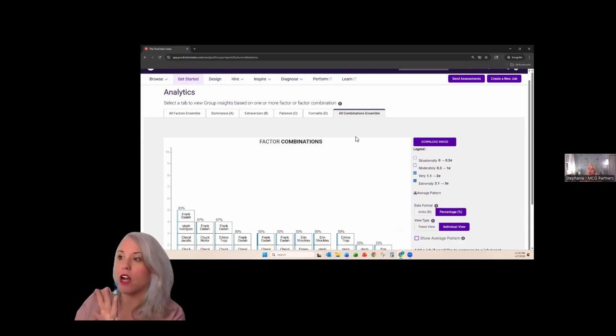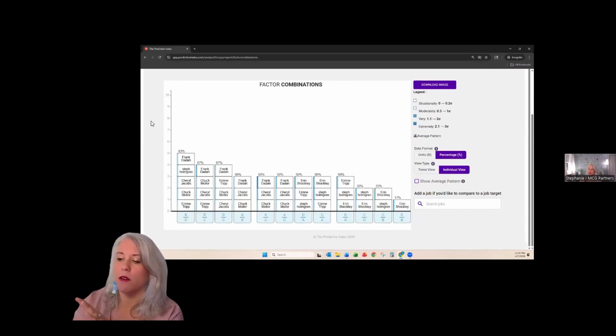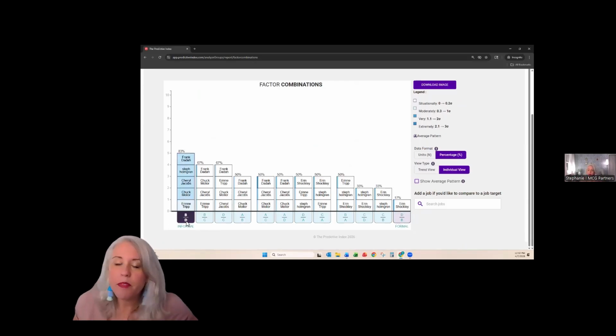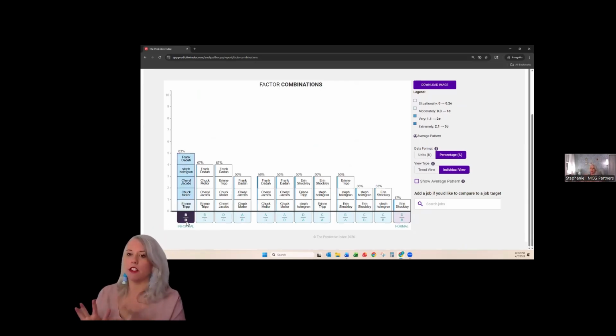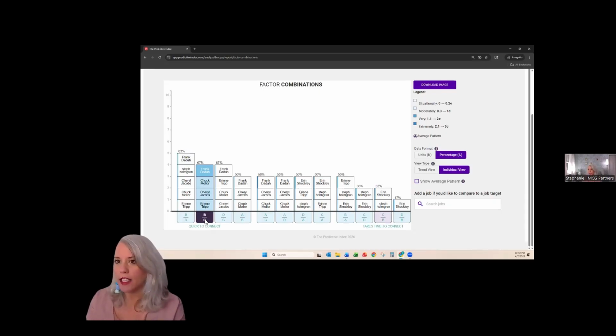Here we have factor combinations at play too. Getting right to the point here, we can hover over the bottom and we're looking at factor combinations. So we're looking at our team to understand who's more informal and who's more formal. Those of our team members who are quick to connect. What does this tell me? How can I use this information?